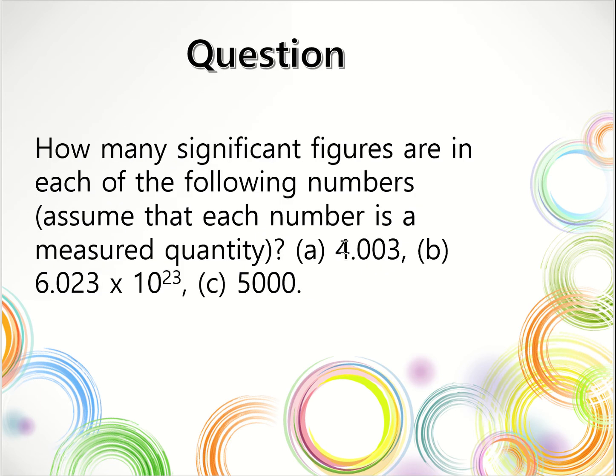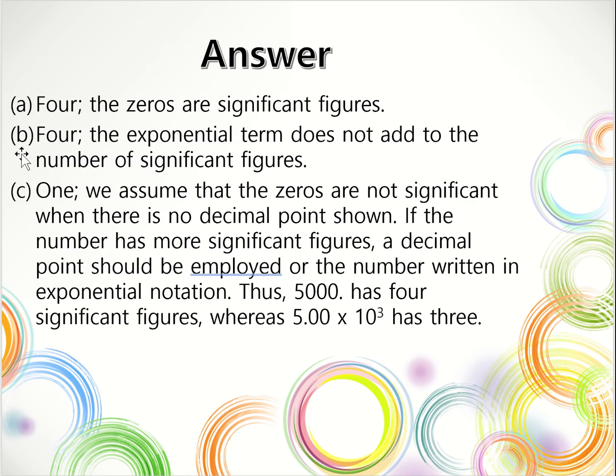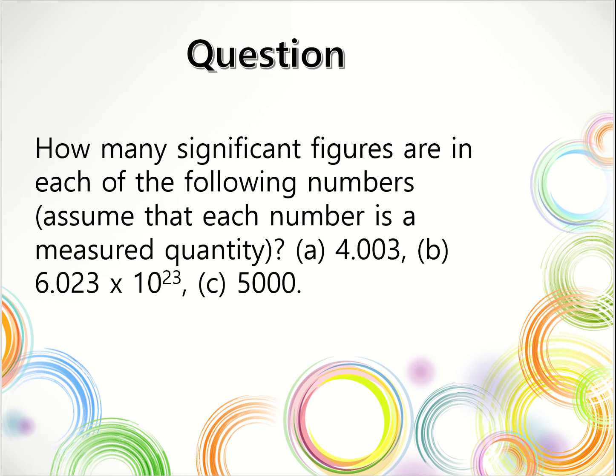So that's A here. So 1, 2, 3, and 4. All right, so for B, 4 as well, the exponential term does not add to the number of significant figures. So we're counting here 1, 2, 3, and 4.